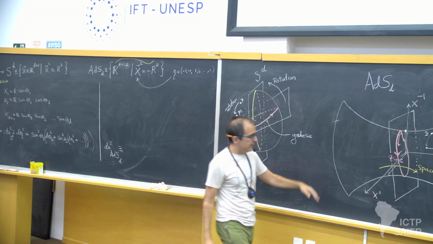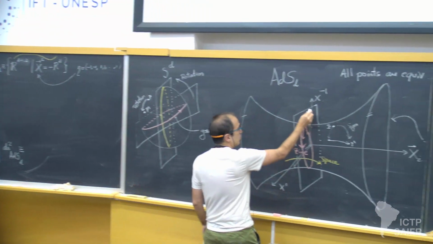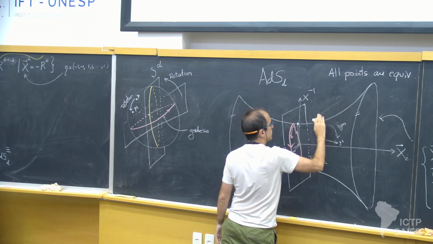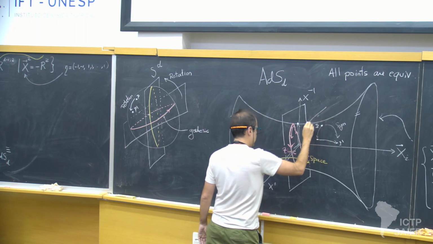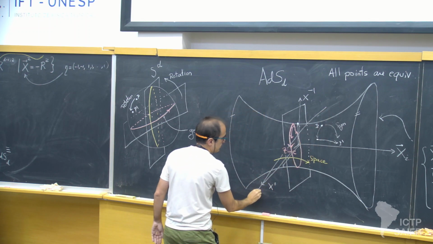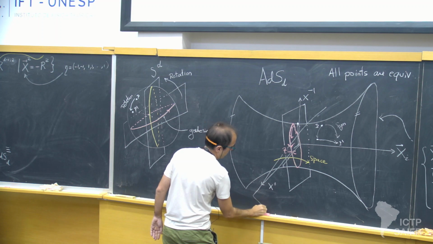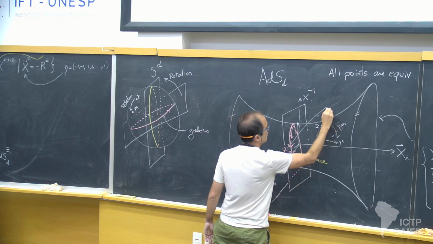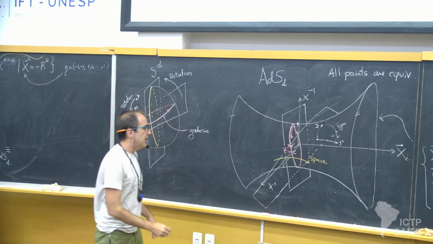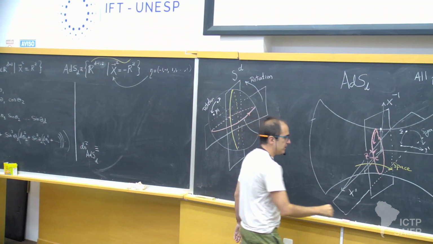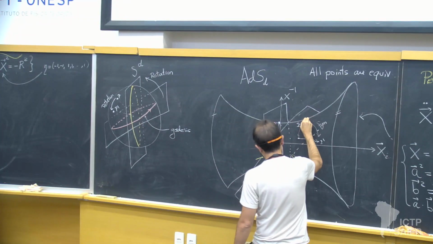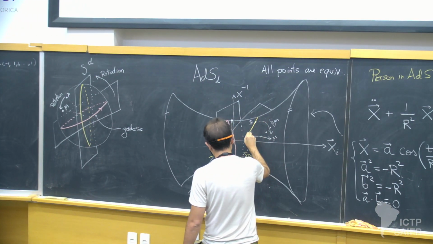But you see that you could do a boost and rotate this plane and find another plane. And this other plane would intersect the hyperboloid along some curve like this.